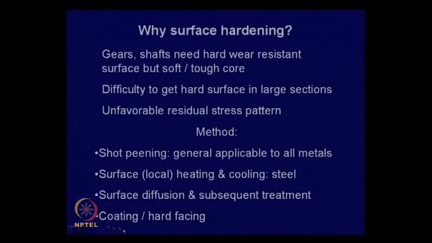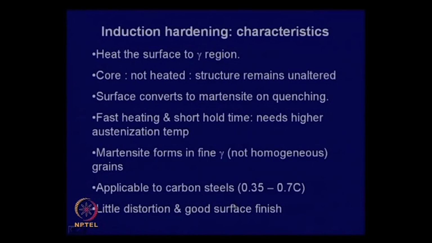So, different types of coatings are possible for different types of applications, but we will not go into the details. We will concentrate on heat treatment of steels, because the bulk of the components that we use are made of steel.